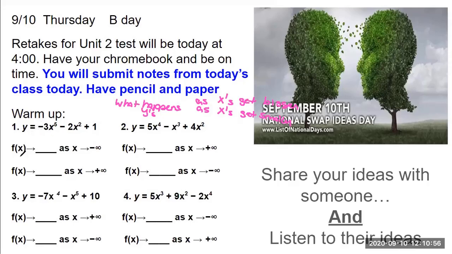What am I looking at? What am I looking for? Aren't we looking at the first number? We're looking for the leading coefficient. Now, very often it's the first one.